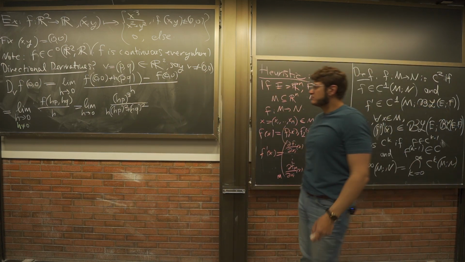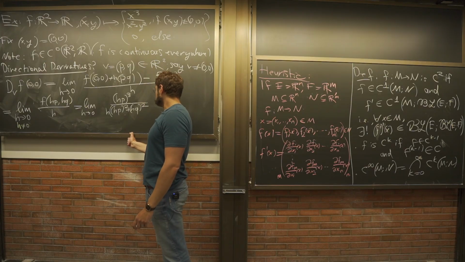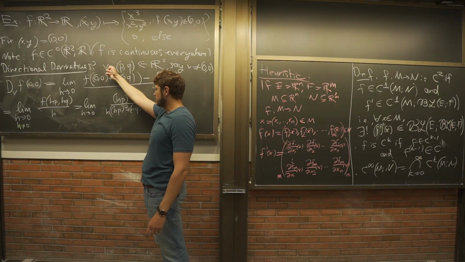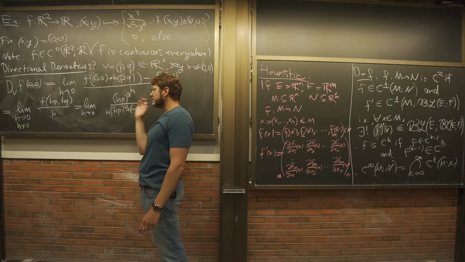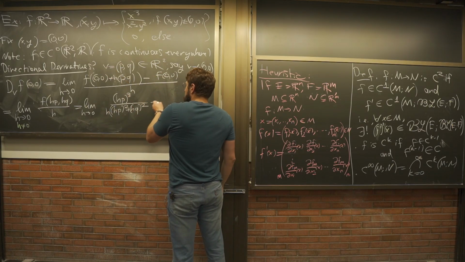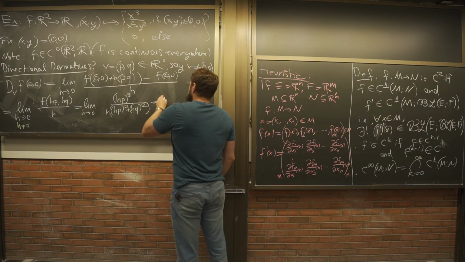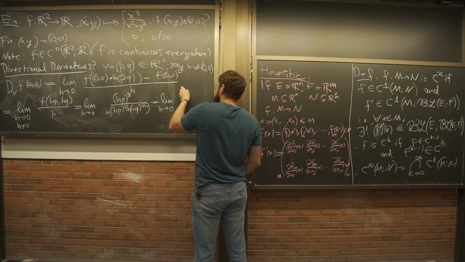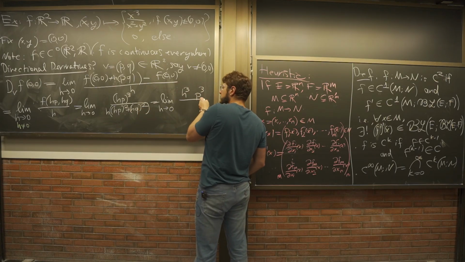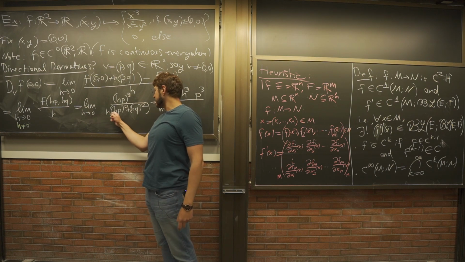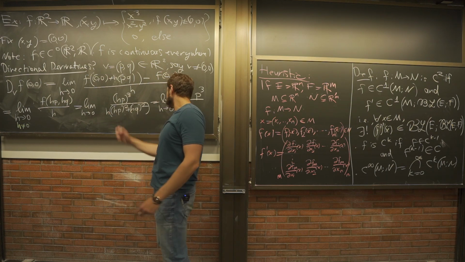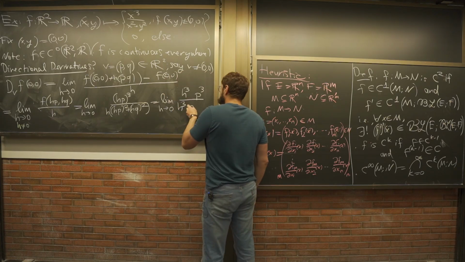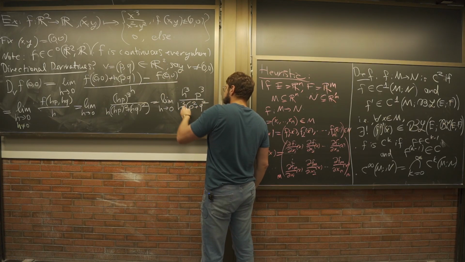Now I can do some rearrangement. Of course, p and q here are constants. They are fixed. I fixed the direction, and h is the variable of the limit. But you see, this becomes h cubed times p cubed divided by, well, I have a factor of h squared here and another factor of h squared, so I can take it out: h cubed, I have an additional h, times p squared plus q squared.